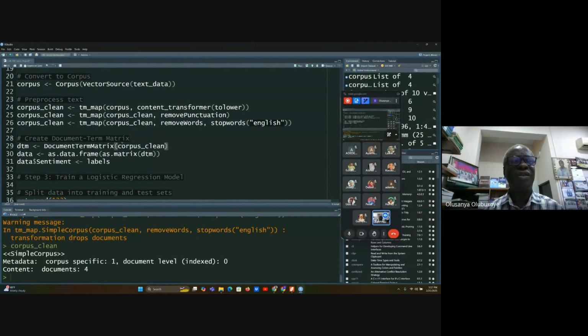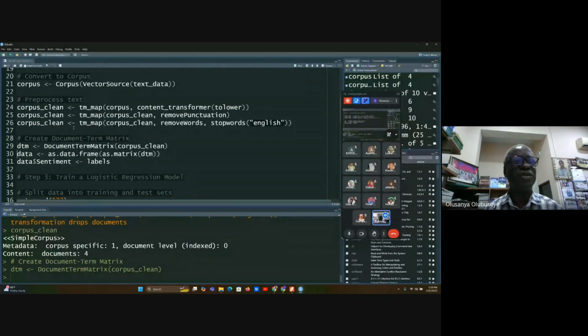It will convert the corpus into a matrix form and then save it in DTM. Each row is a document. So let's do that.